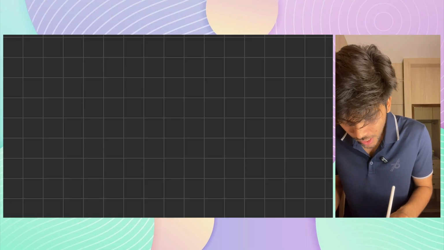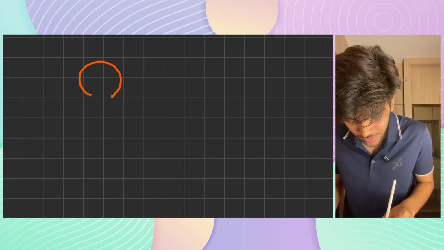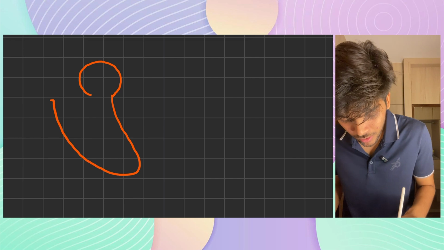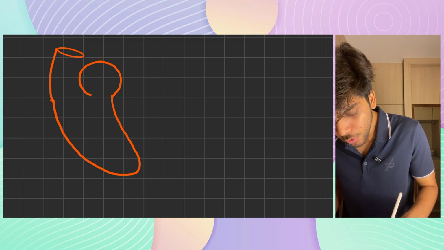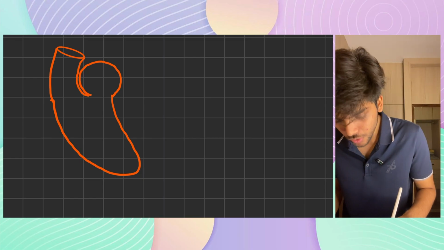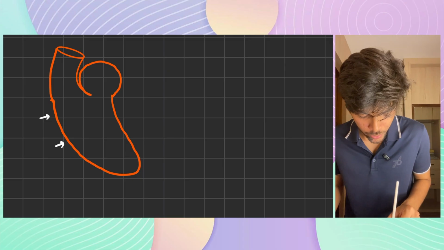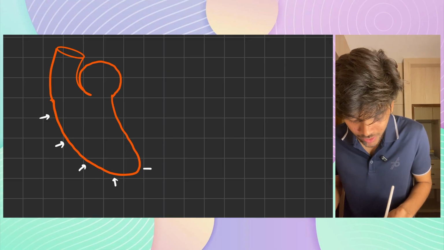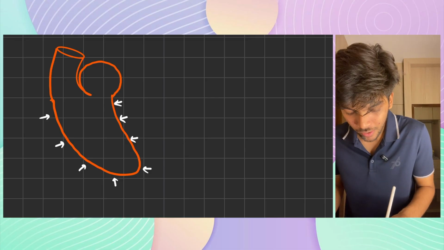So let's see that with the help of a diagram. This is your left atrium, this is the left ventricle, and this is your aorta. And if you know your cardiac cycle, you must know that during ventricular systole, or during contraction of the ventricle, the very first phase is isovolumetric contraction.